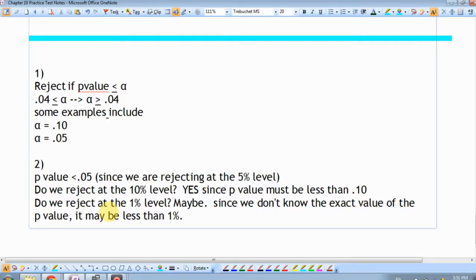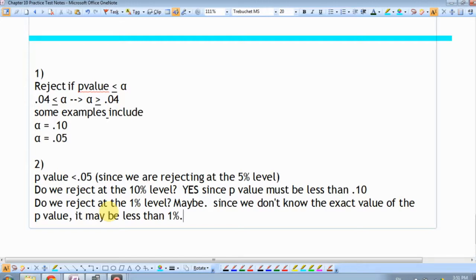Here the idea is, can we pinpoint exactly what the p-value is? No, we can't. It's an estimation. All we can tell you is that the p-value is definitely less than 5%, because they're telling you that you're rejecting at the 5% level.